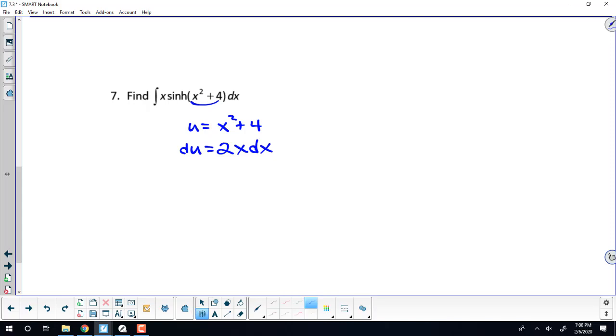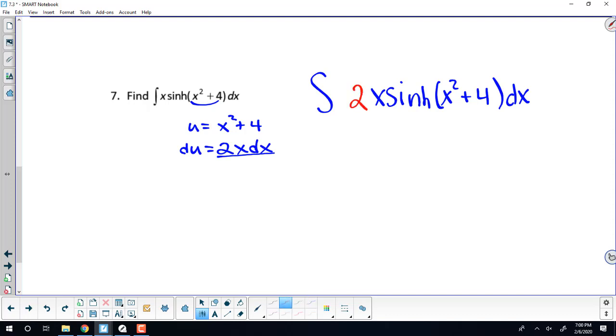What you can do is say, well, there's not a 2 present in this original integral. This is essentially what you do anyway, but it's just a different way to think of it. There's not 2 times x times dx present. If that were there, then I would have this very straightforward substitution.